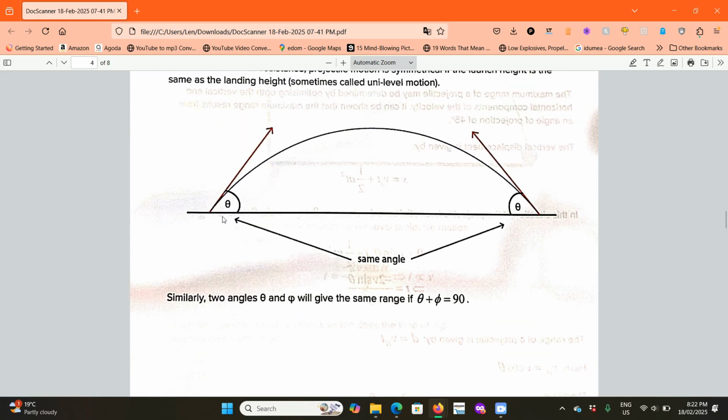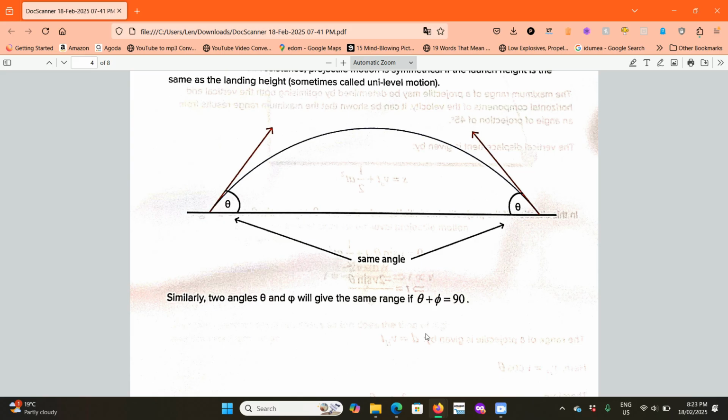So if you have one thing being projected, and then you have a second thing going above, and say one angle is 50 degrees and the other one is 40 degrees, they will end up giving you the same range of motion. So as a diagram, we draw that. We have one here and then one here.